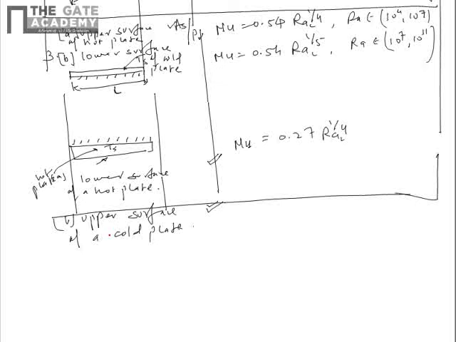In the next topic, we will discuss the heat exchanger. How can we analyze a heat exchanger? How can we find out the size of a heat exchanger if we know how much heat we want to extract from a device?